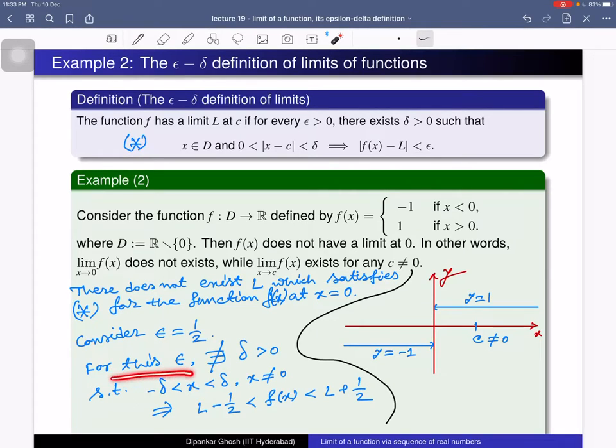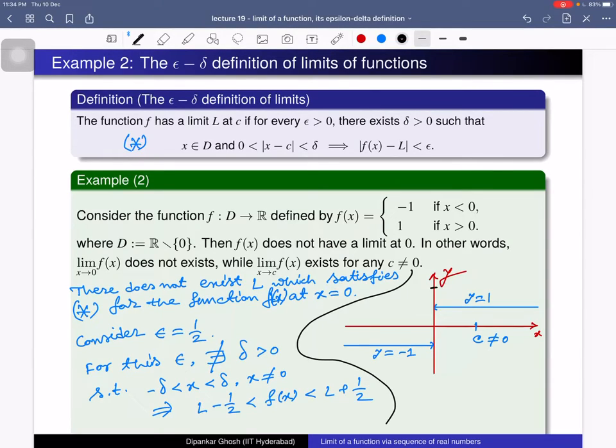So for this epsilon, if you can prove that there does not exist delta which satisfies this condition, then you are done. Okay. So suppose L is somewhere here. Then what is your epsilon neighborhood of L?